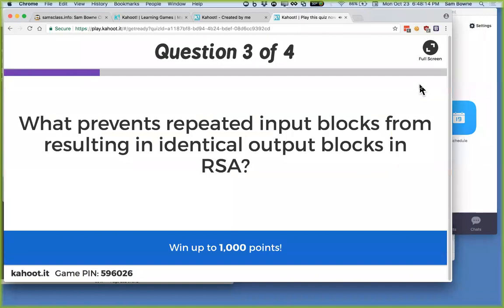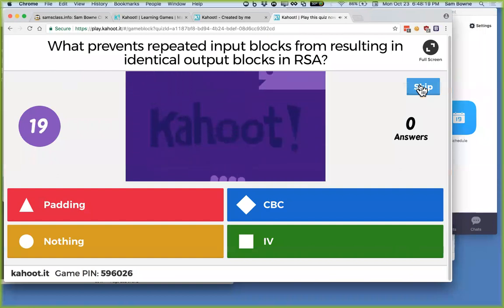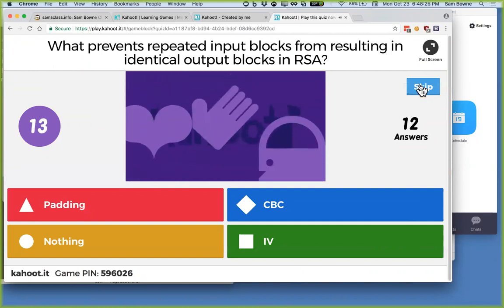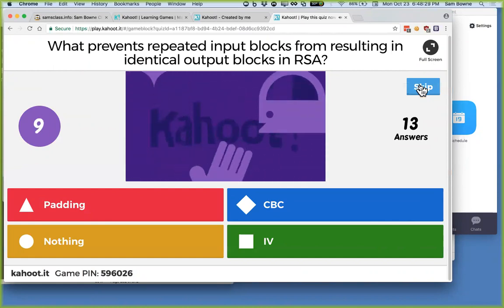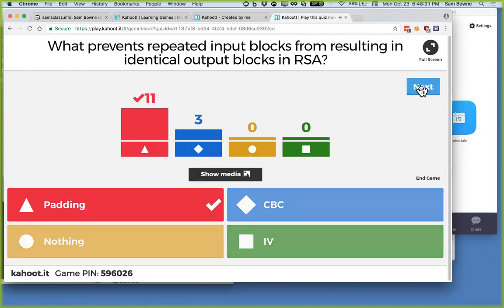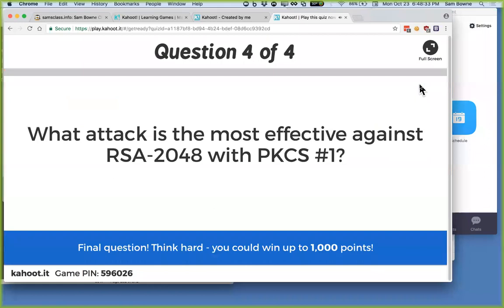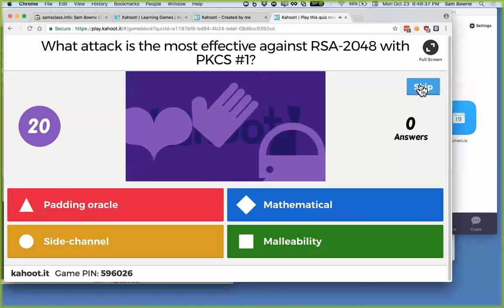All right, what prevents repeated input from resulting in repeated output? All right, that's the padding. Good. All right, and what's the most effective attack against fully modern RSA?